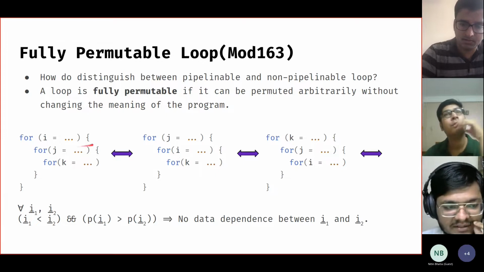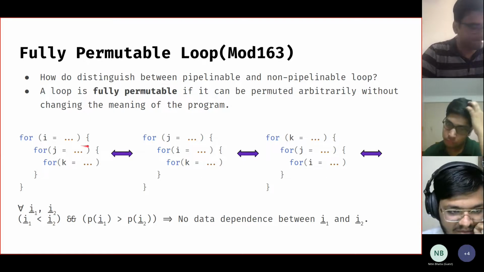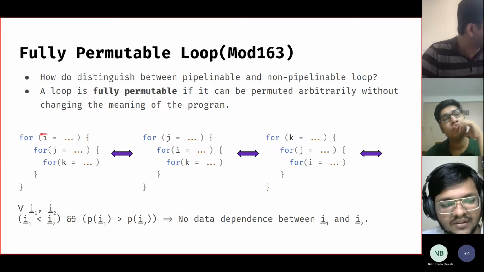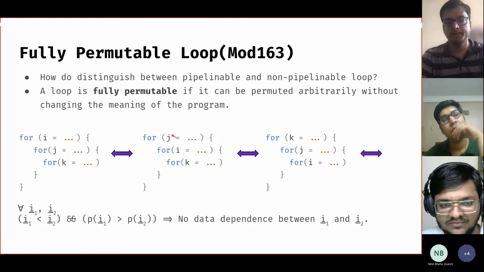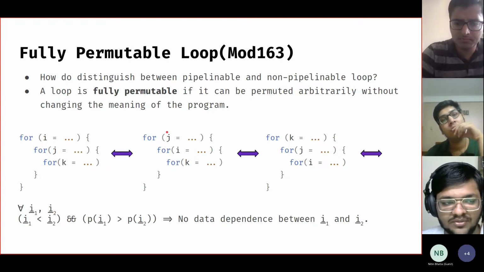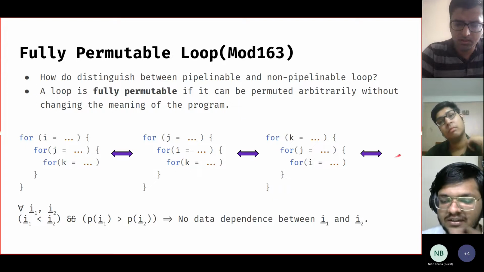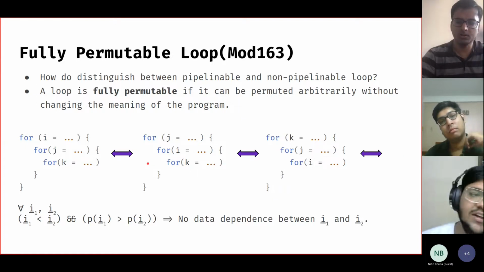In this figure, we have the loop order i, j, k. If this loop is fully permutable, then we can change it to j, i, k or j, k, i or any other combination.